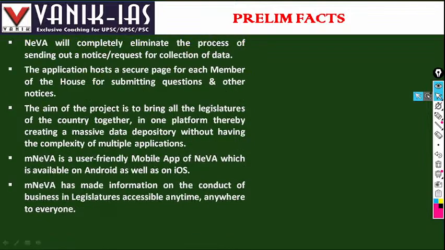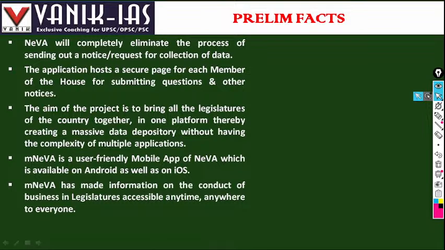e-Vidhan will completely eliminate the process of sending out notices and requests for collection of data. The application hosts a secure page for each member of the House for submitting questions and other notices. The aim of the project is to bring all the legislatures of the country together on one platform, thereby creating a massive data repository without the complexity of multiple applications.